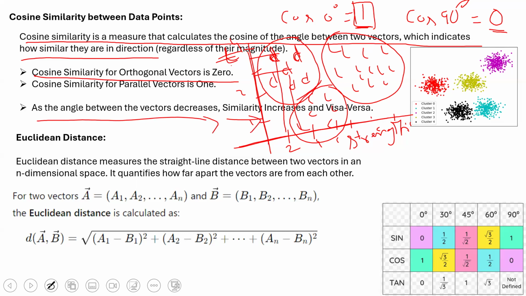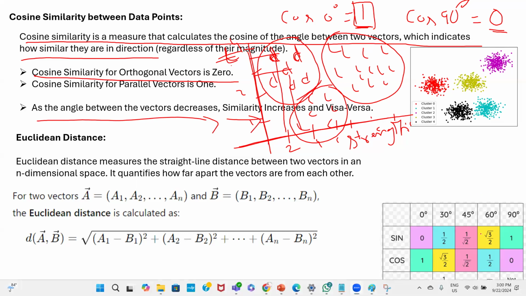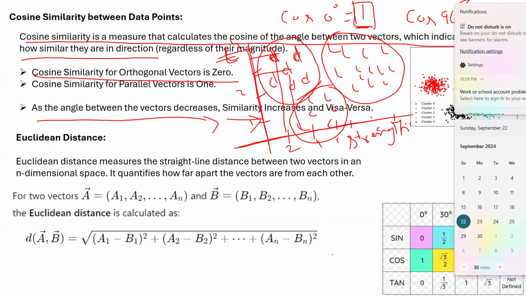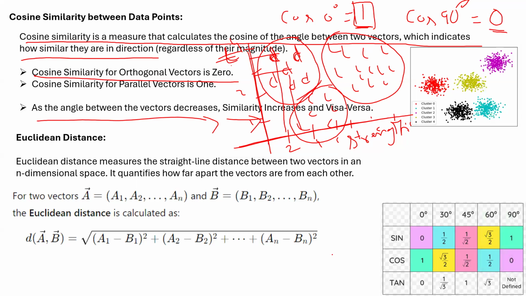If you look at the table below over here, how is that actually increasing? When you come from 90 to 0, the value of cos theta is increasing, right? So when the angle between two vectors is decreasing, starting from 90, when you say 90, they are not similar at all.